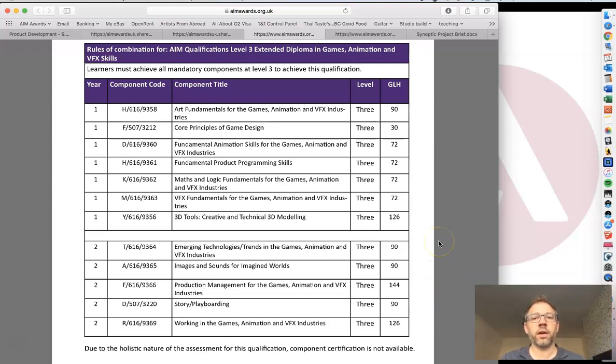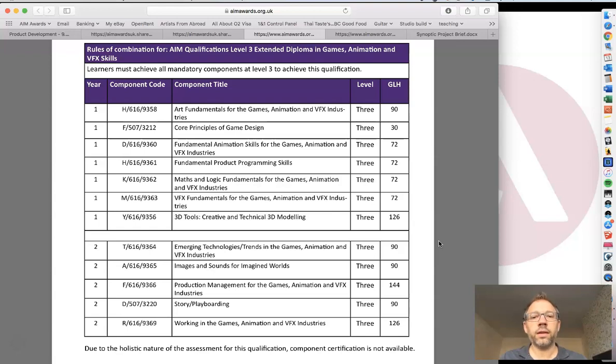Now, this is because our fundamental approach here is to consider that the components or units are basically a guide to what will be taught. They are the teaching and learning syllabus, they are the indicative content for the assessments, but more than anything, this is what the industry has said learners taking these qualifications need to be able to understand or apply.